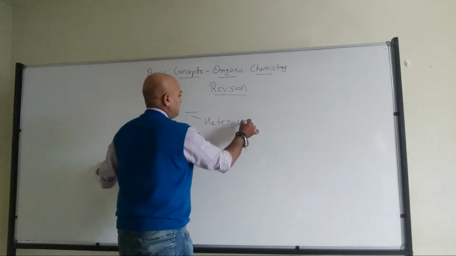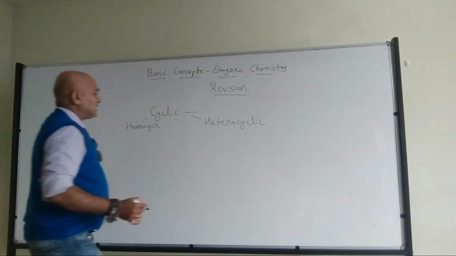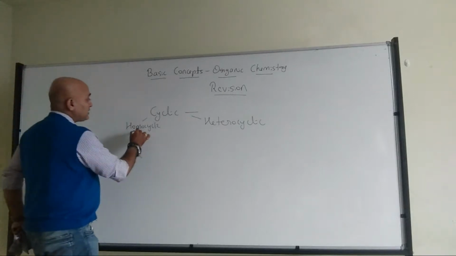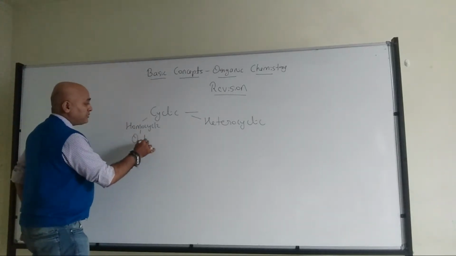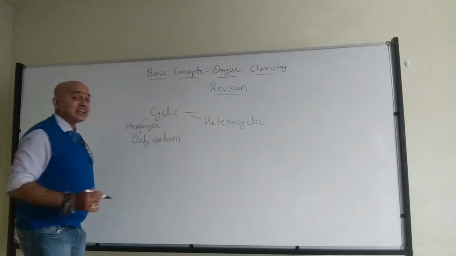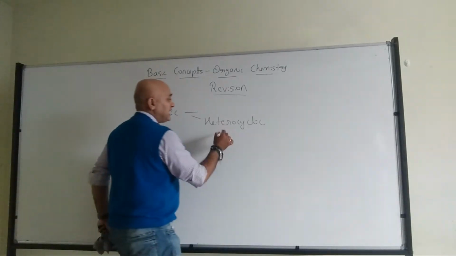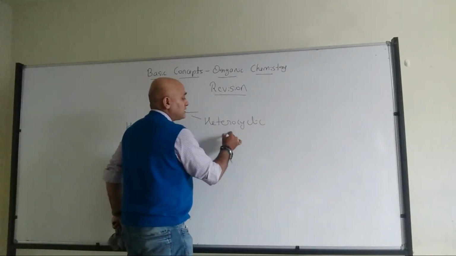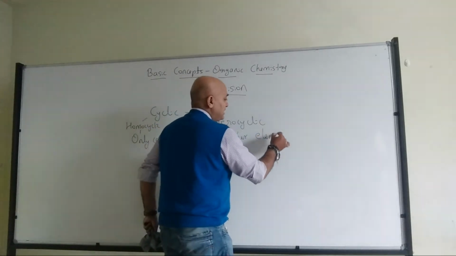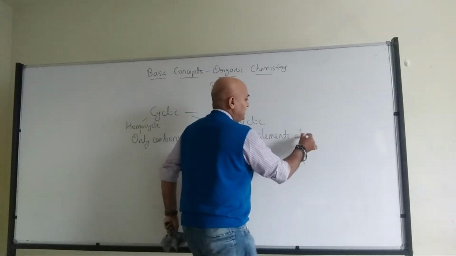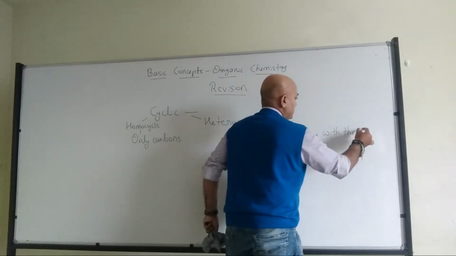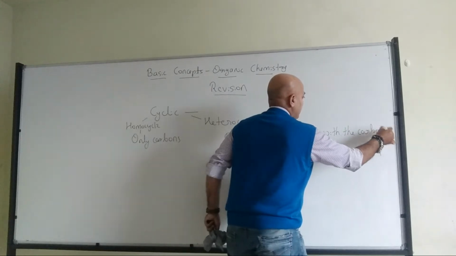Homocyclic and heterocyclic. So what do you mean by homocyclic? Where only carbons will be there in the ring structure. But in heterocyclic we can have other elements along with the carbon.